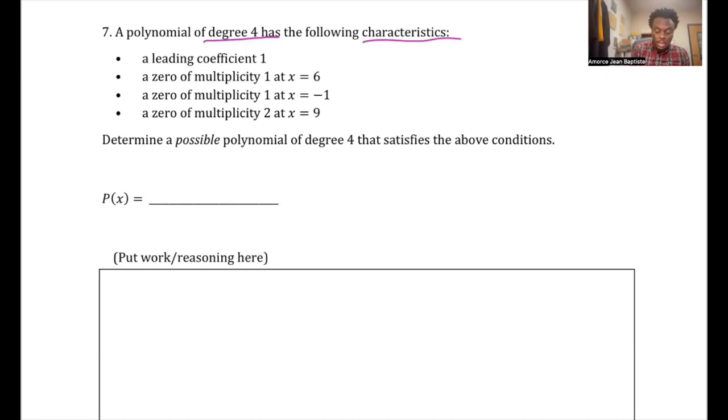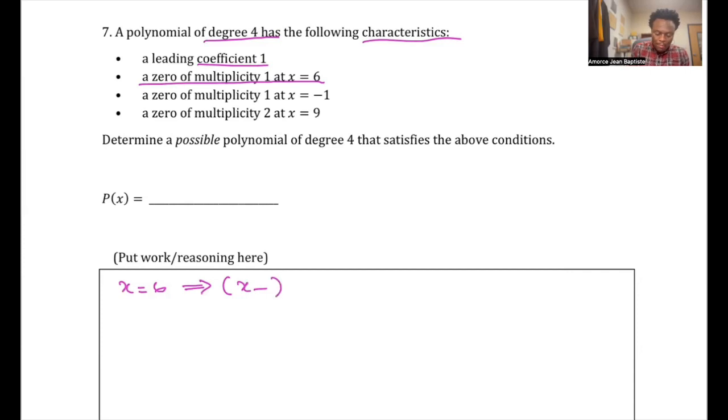The first thing is the leading coefficient is 1. They say a 0 of multiplicity 1 is x equals 6. So that means you're going to have a factor that is x minus 6.